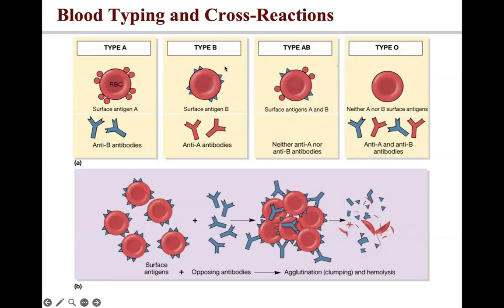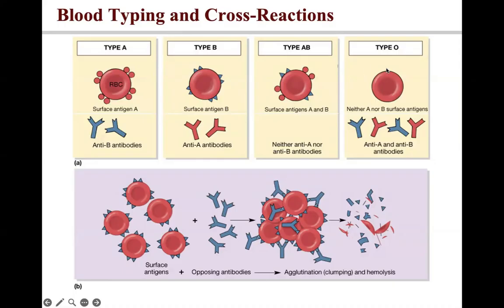Next, let's take the type B. Type B can receive blood from type B. It cannot take up type A because it has antibody A, which will bind to the antigen on the red blood cell and destroy it. It cannot take blood from type AB because it has antibody A, which will bind to the antigen A on the surface of AB.